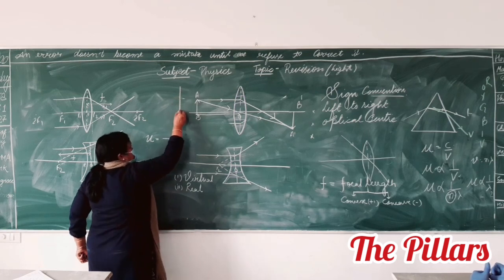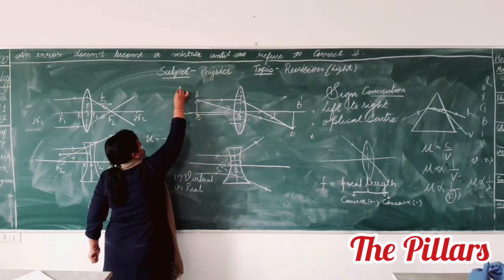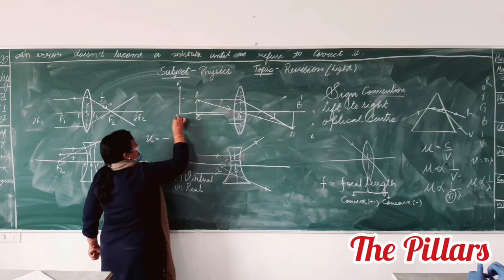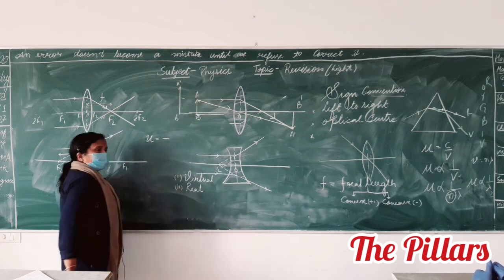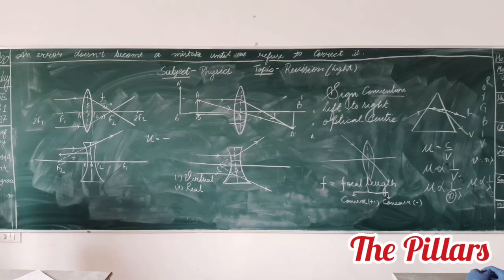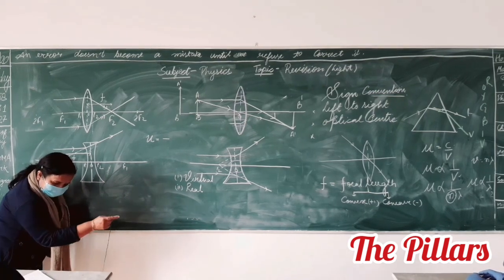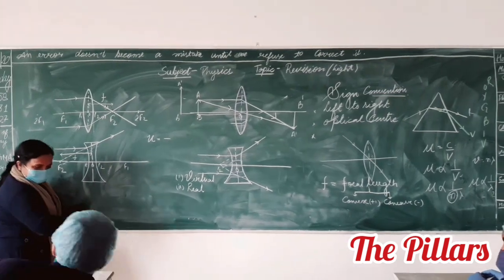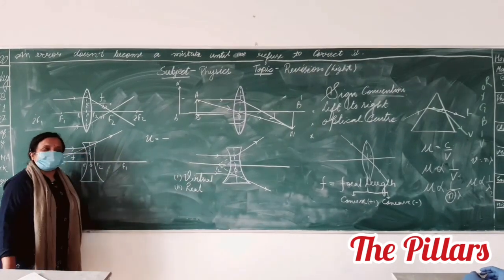Suppose the image is formed here, just an example I am taking. Image of this object is formed here, in front of the lens only. In this case, which one is your object distance? B dash O. Sorry, image distance. B dash O is your image distance.